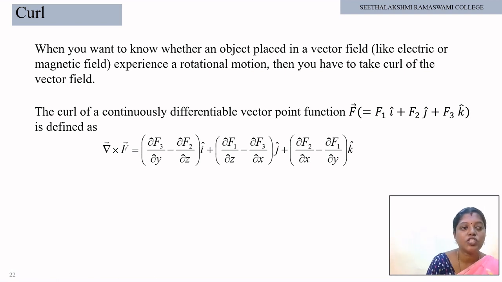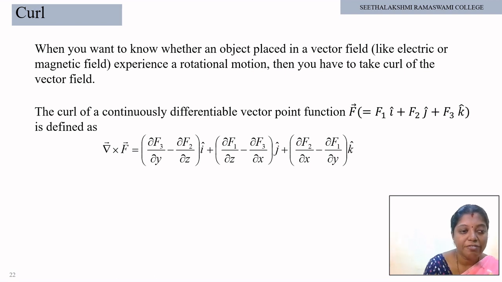In such a situation we use curl. The curl is used to identify whether an object placed in that vector field experiences rotational motion. If so, how fast it will rotate and about which axis it will rotate. That is what the curl gives.